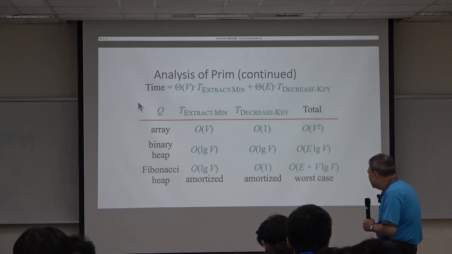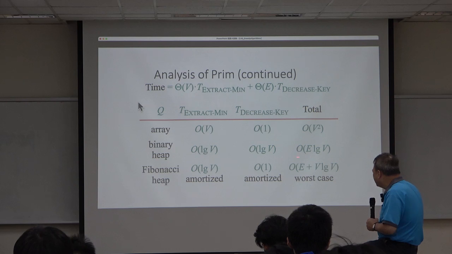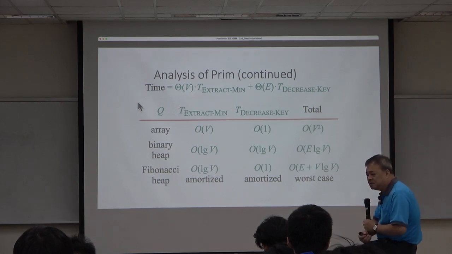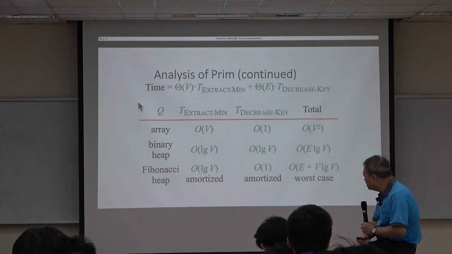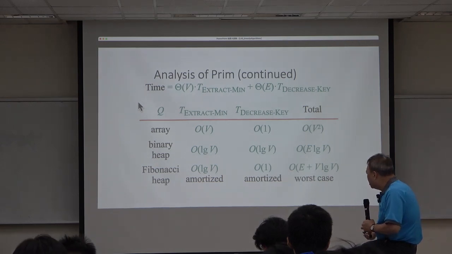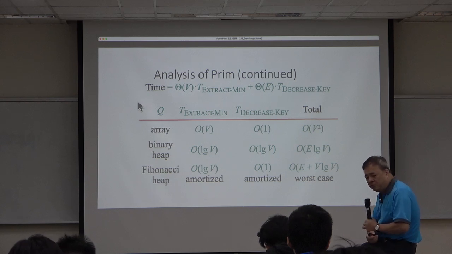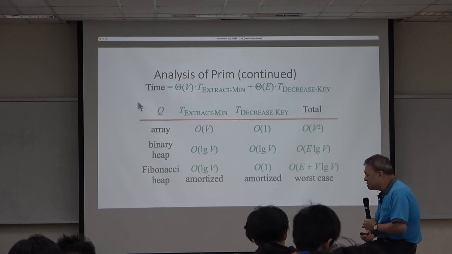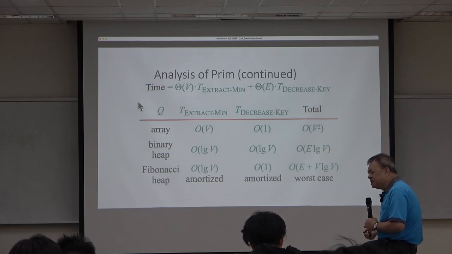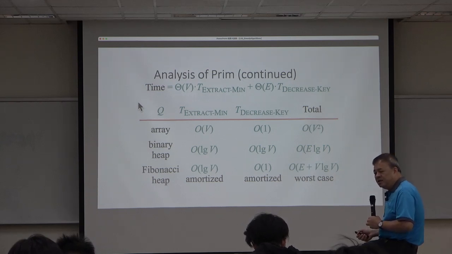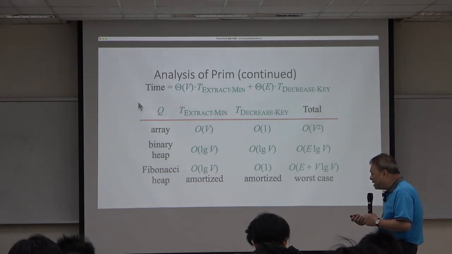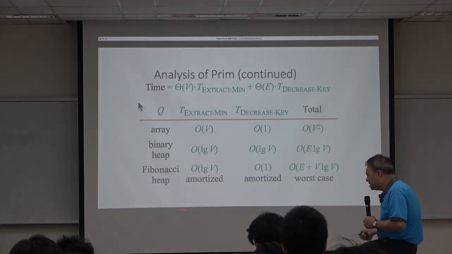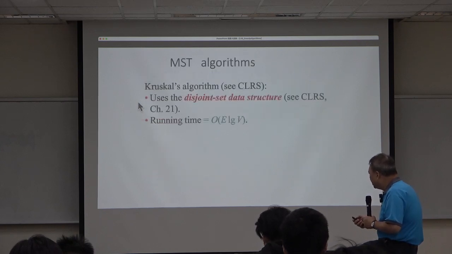As long as you understand the top two, I think that's good enough, especially the binary heap. As for Fibonacci heap, if you want to learn more, after we talk about amortized analysis, you can study by yourself and see how it can improve the time complexity here.